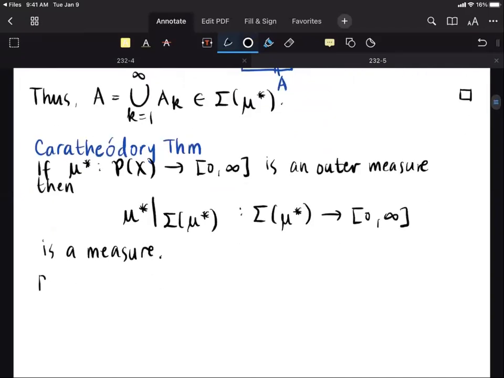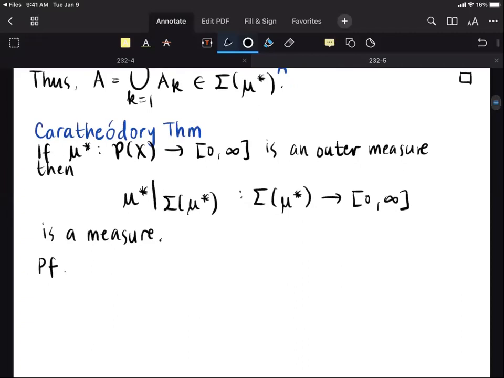Okay, so for the proof, let us establish two things. First, what is the value of this set, the empty set?